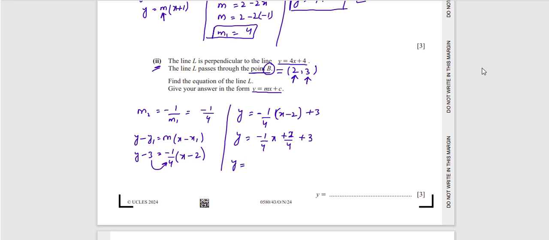So y is equal to minus 1 by 4 x. Simplify these two values, we get plus 7 by 2. This is our final answer. Minus 1 by 4 x plus 7 by 2.